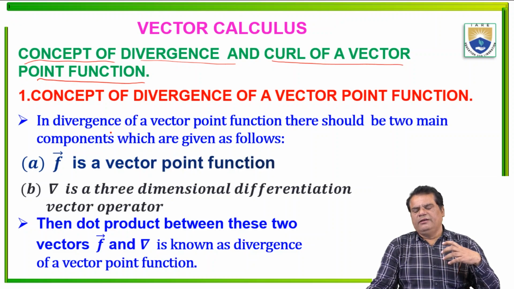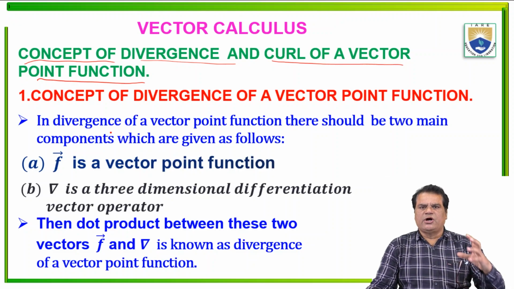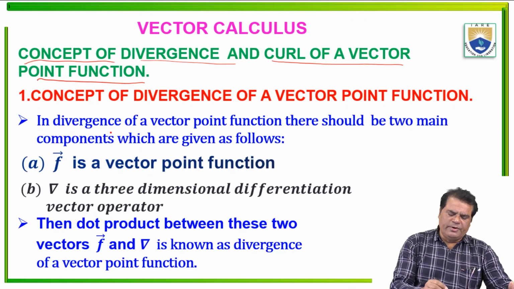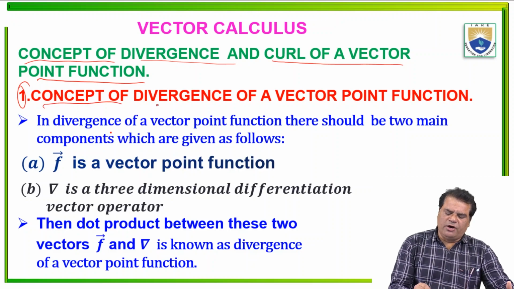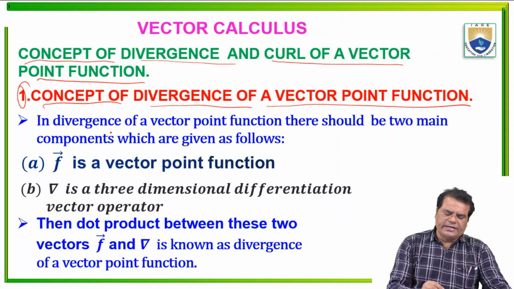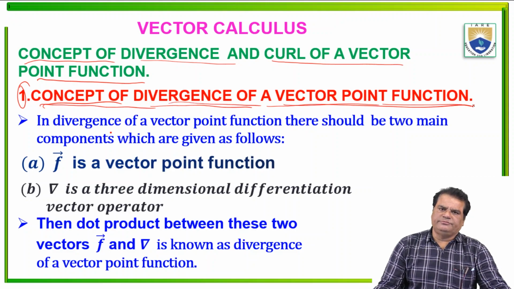First of all, I want to discuss divergence. What is the concept of divergence of a vector point function? Number 1 point, the concept of divergence of a vector point function.